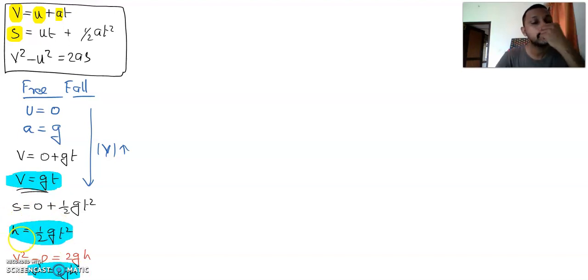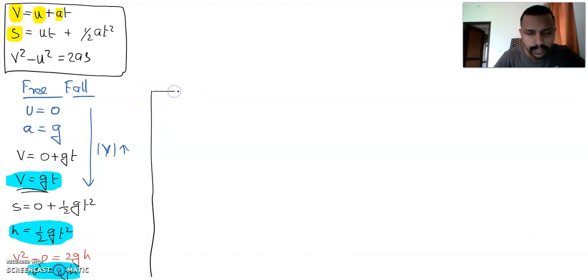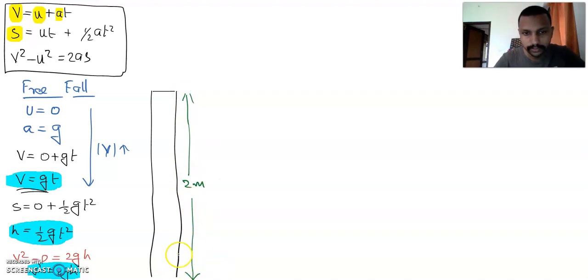Okay. Therefore, let's understand some basic problems by using these equations. For a basic problem, let me say a substance is dropped from a tall building which is of 2 meters. It's not 2 meters, it's not a tall building.